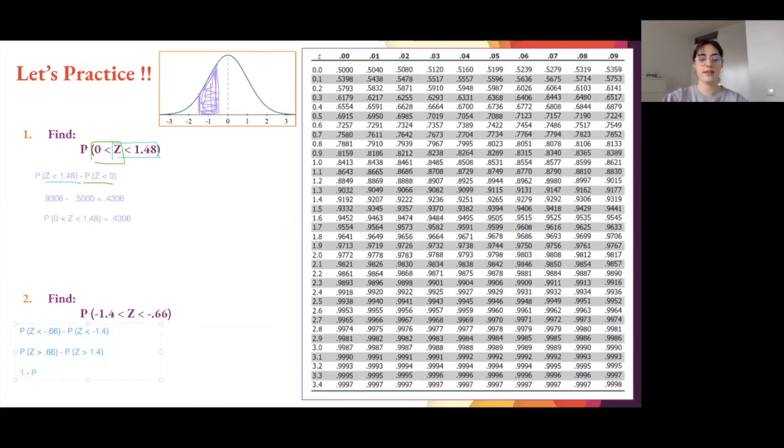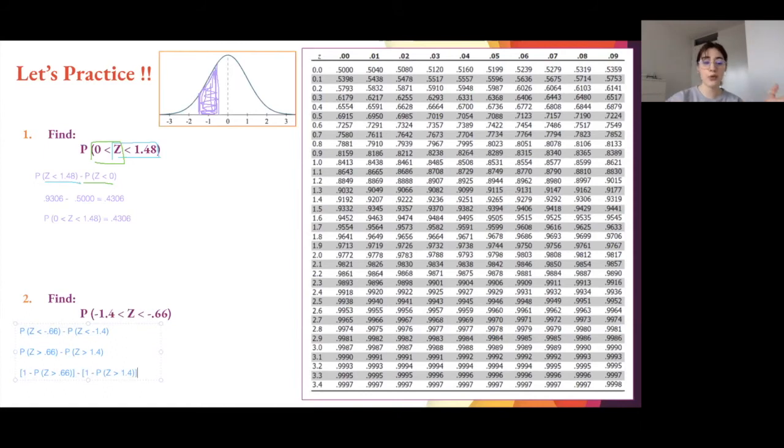So 1 minus the probability that z is greater than 0.66, and then we take that whole thing, put it in brackets actually, we're going to take that whole thing and subtract it from 1 minus the probability that z is greater than 1.4.